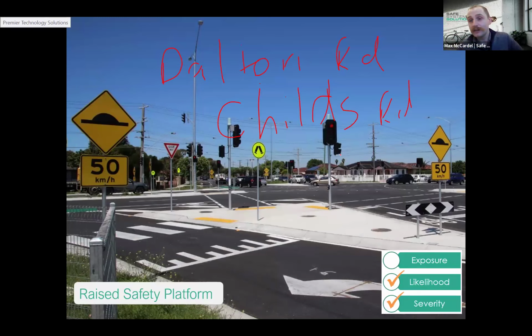Anyway, this one is actually a really significant north-south movement corridor in Melbourne. It connects the northern suburbs and goes all the way into the city. Lots of heavy vehicles run along here, and yet this raised safety platform treatment was still implemented.